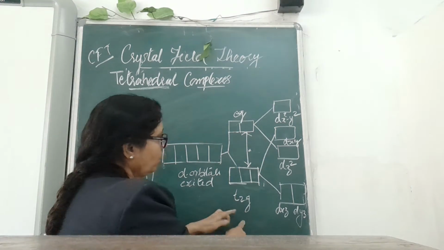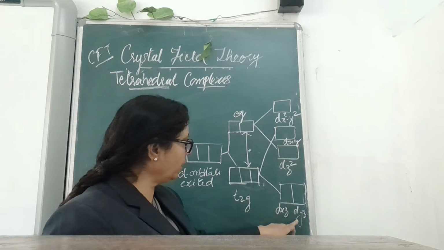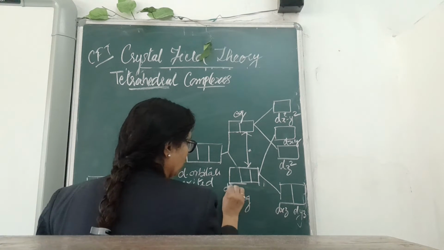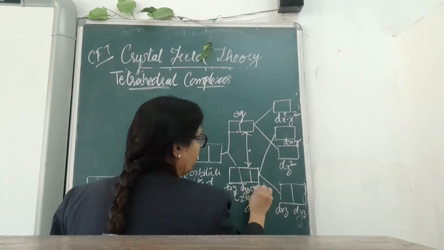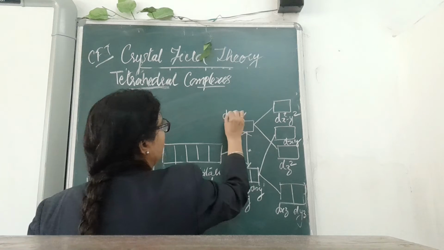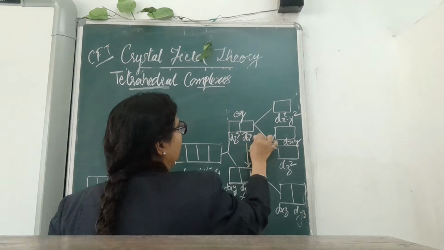The T2g level has three orbitals: dxz, dyz and dxy. Here are these three, and here dz square and dx square minus y square.